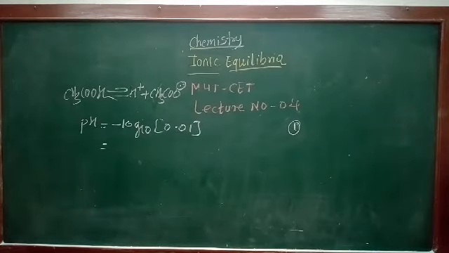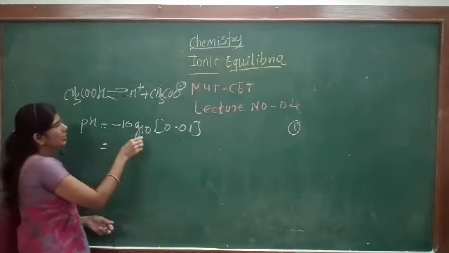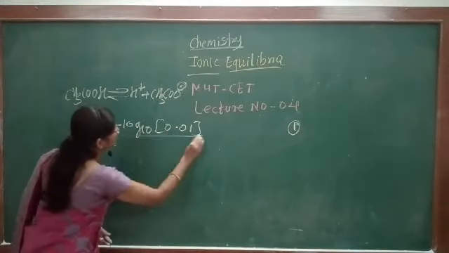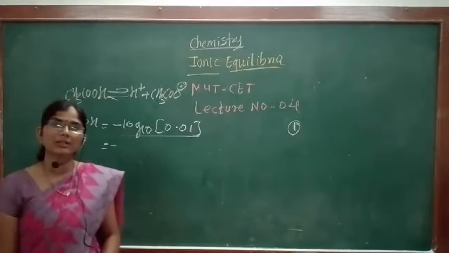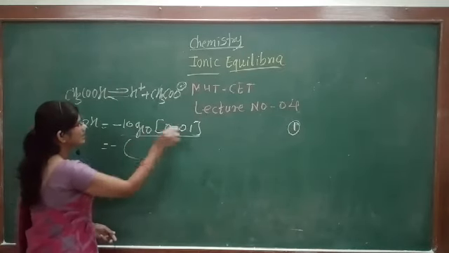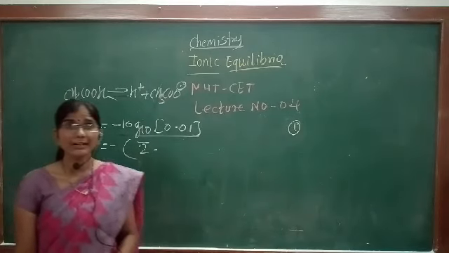So here pH is equal to negative log of 0.01. We have to take the log of this term, but before that we have to take the characteristic first. What is the characteristic of this number? It is bar 2. Why is it bar 2?